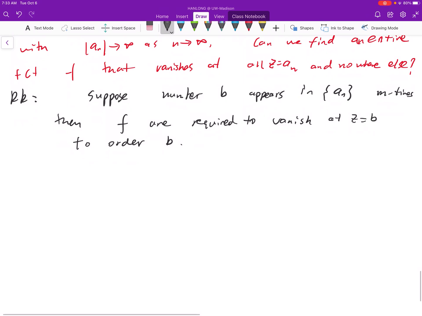So this is so-called multiplicity counted.